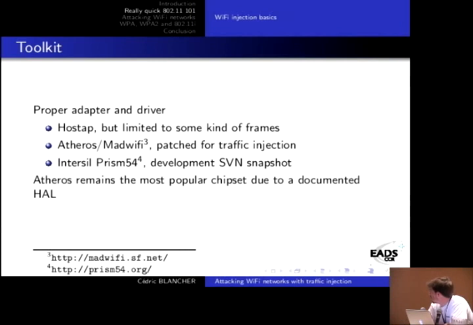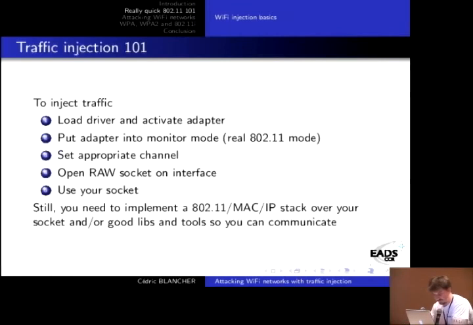The patch is quite easy to find. For Prism 54, you have to use a development snapshot of the driver. Works quite well. Of all of these, Atheros is the easiest chipset to find on the market. Prism 54 is rarer, so it's quite difficult to find good network adapters with it.